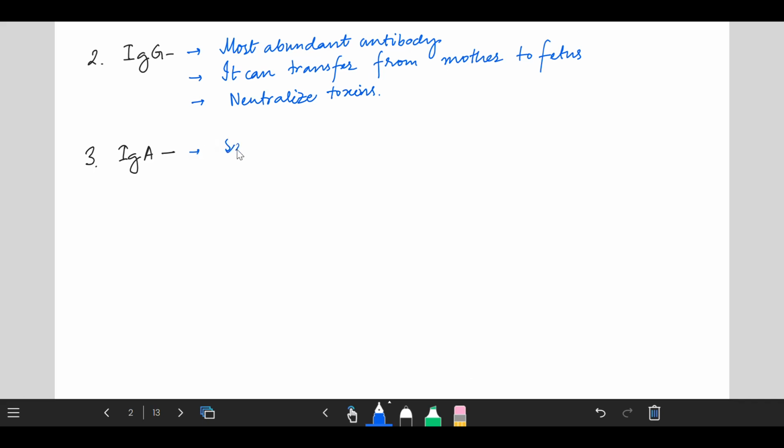In serum, nasal mucosa, breast milk, saliva, intestinal fluid, etc.